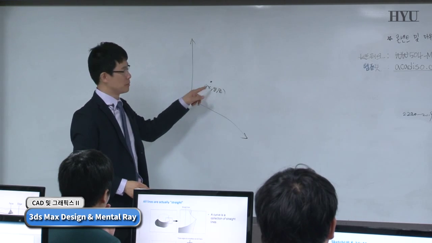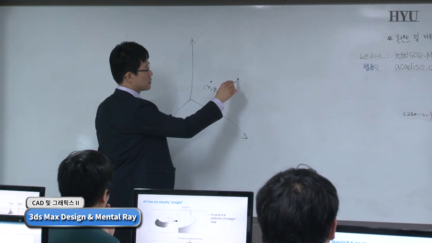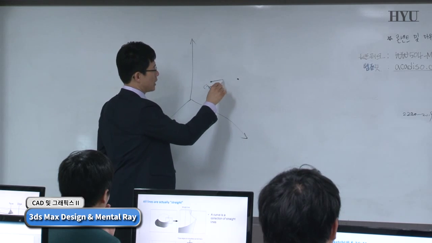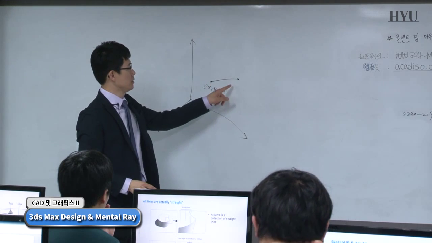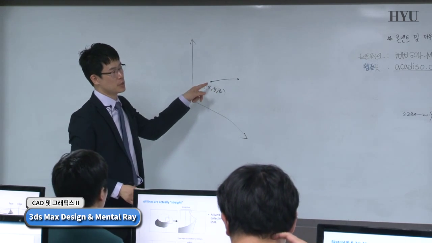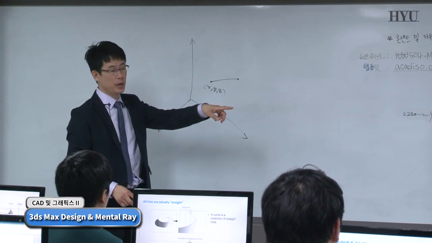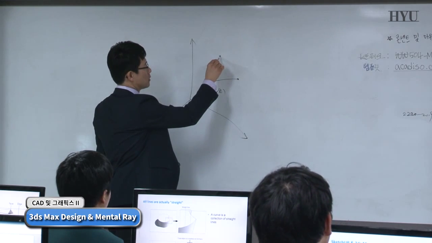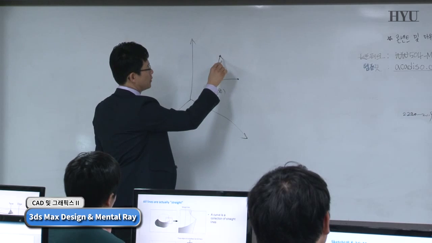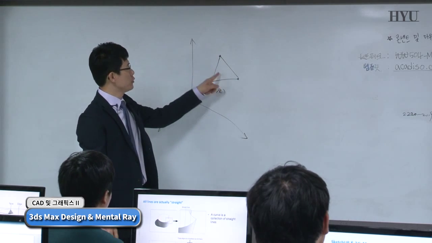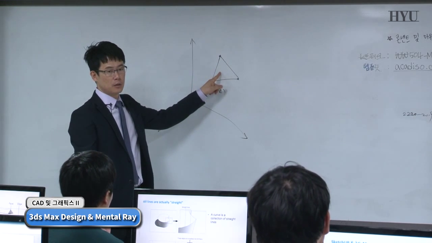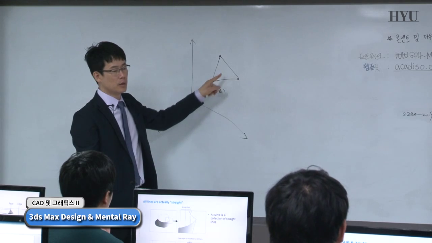Cartesian coordinate system. If there is another vertex, we can make a line. This line, so-called topologically, we say this is edge, okay? And another one. And then we can create three edges. Now we have one face, okay?